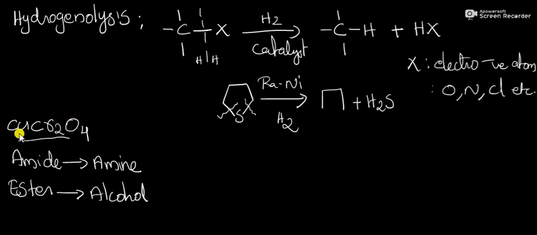Another catalyst is CuCr2O4, that is an oxide of chromium. The main application of this catalyst is conversion of amide into amine and ester into alcohol.